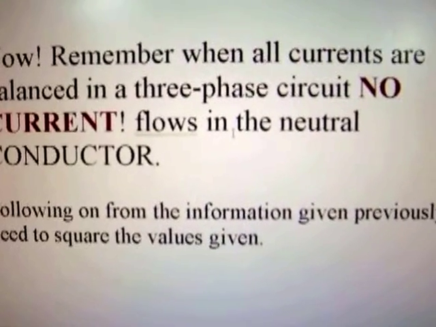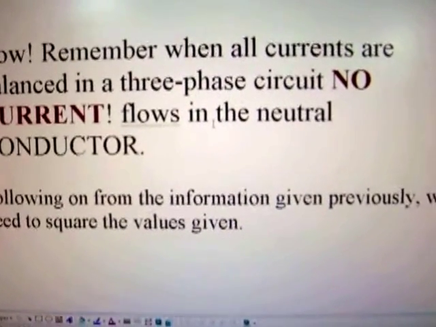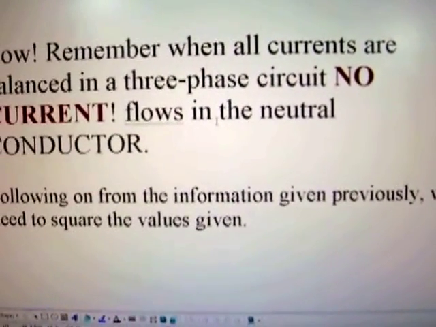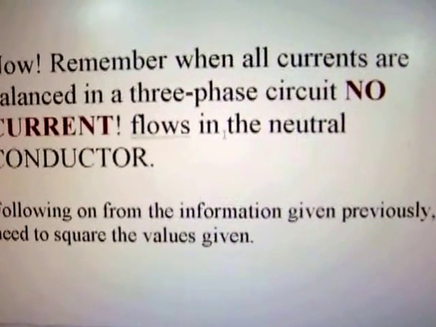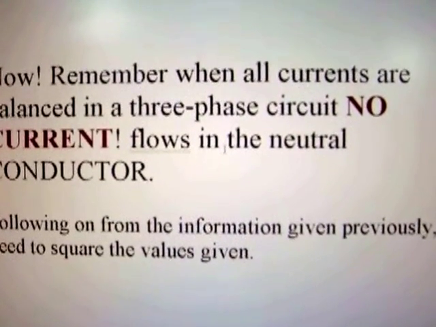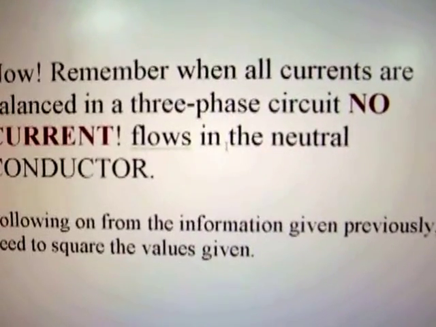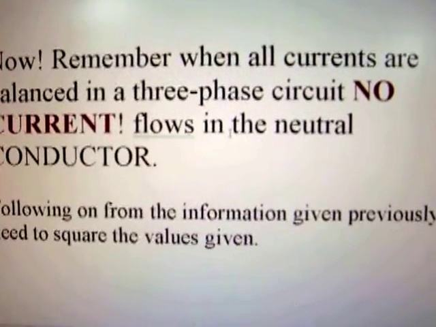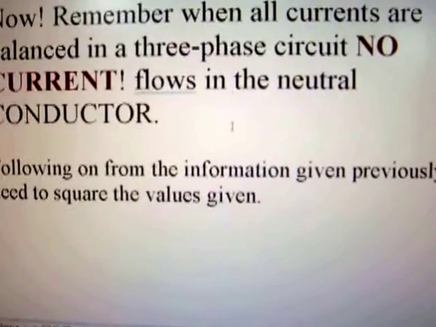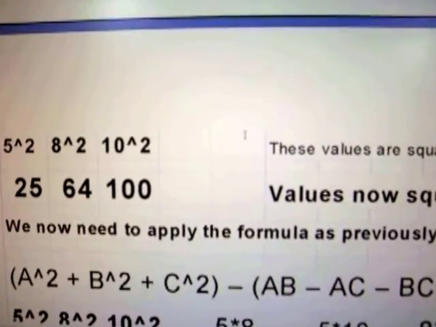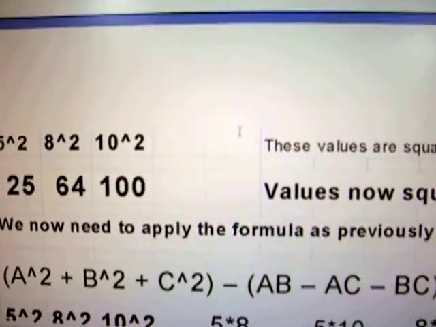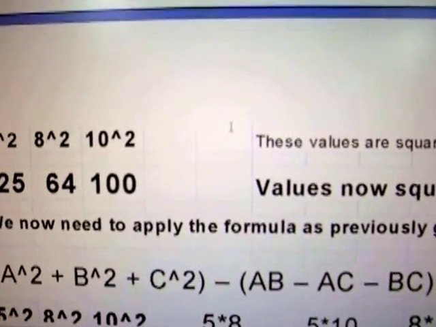Now, following on from the information given previously in respect of the formulas, we need to square the values given. I've just mentioned the values to you, so please use those values. So here we have 5 squared, 8 squared, and 10 squared.